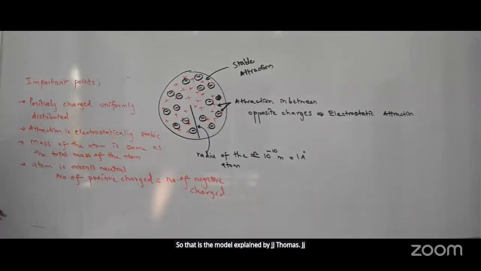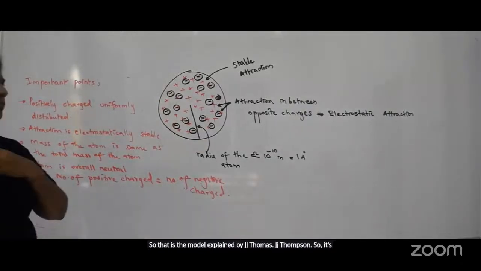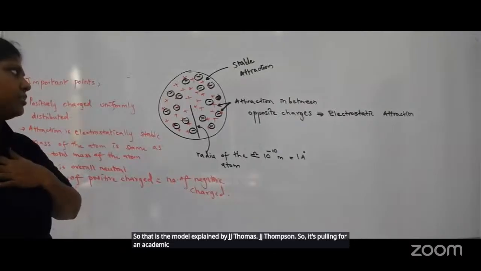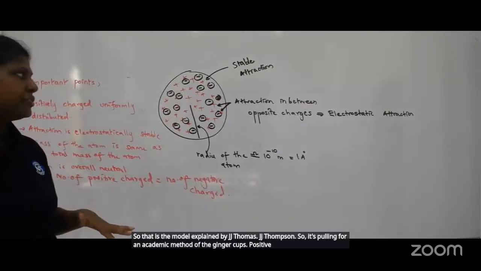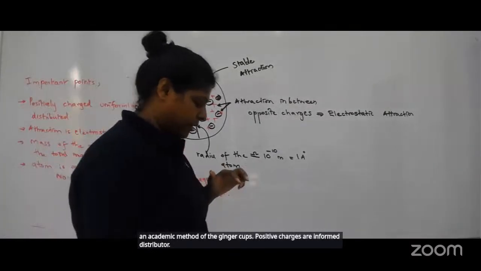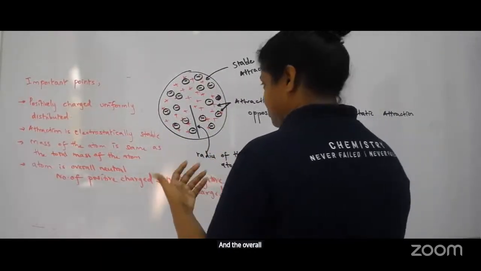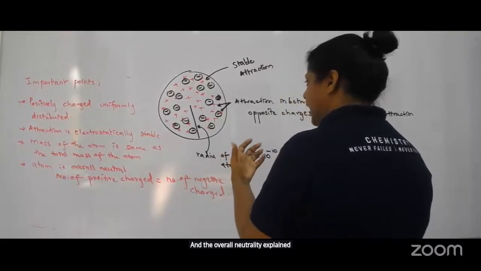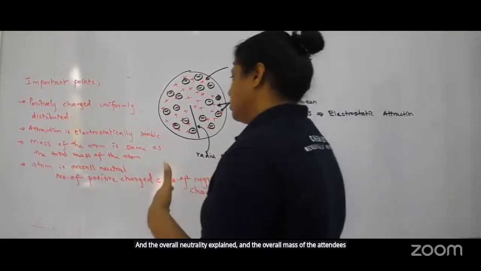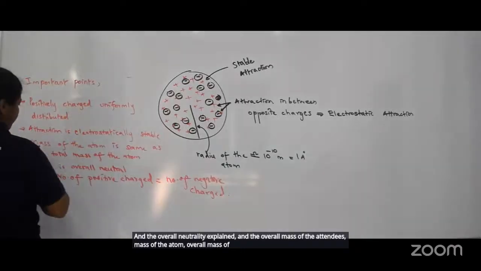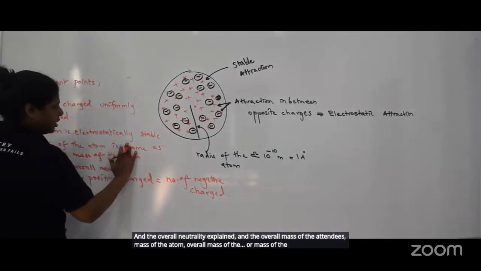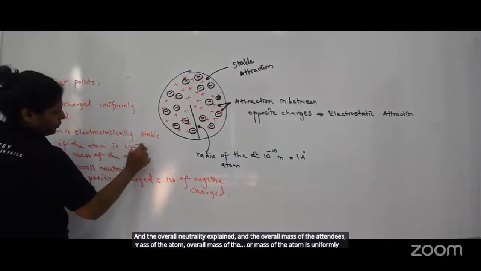So that is the model explained by J.J. Thomson. So it's the plum pudding or atomic model of J.J. Thomson. Positive charges are uniformly distributed, electrons are embedded in it, the atom is overall neutral, and the overall mass of the atom is uniformly distributed.